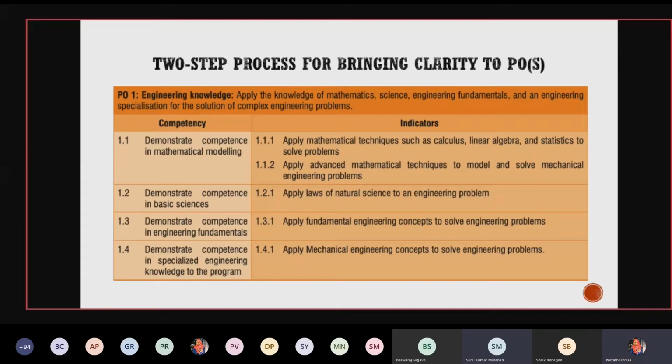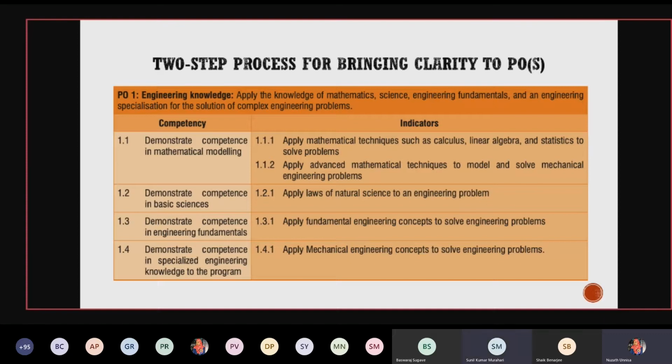And lastly, specialized engineering knowledge should be considered in competencies. So this program outcome is divided into 4 competencies, and each of these competencies will have its own key indicators. Indicators depend on the teacher, how they are designed or segregated.